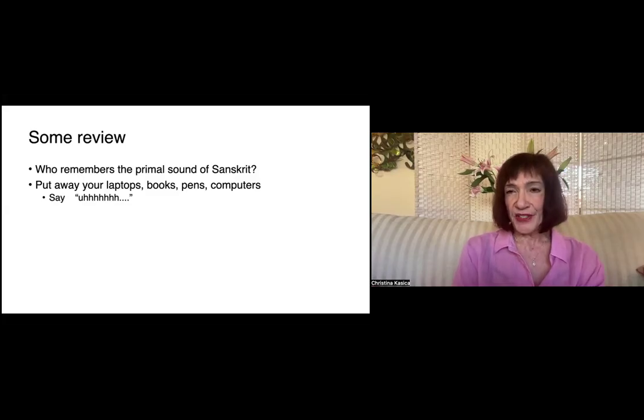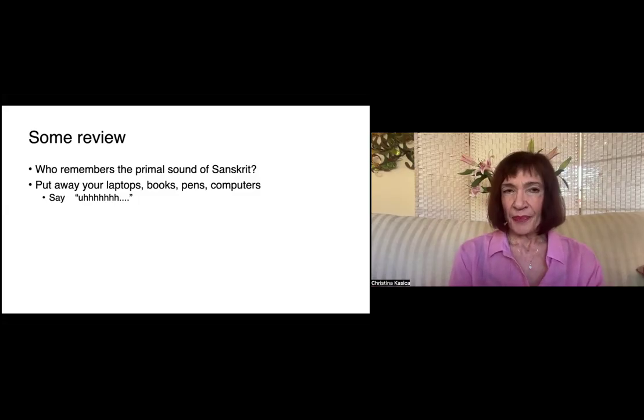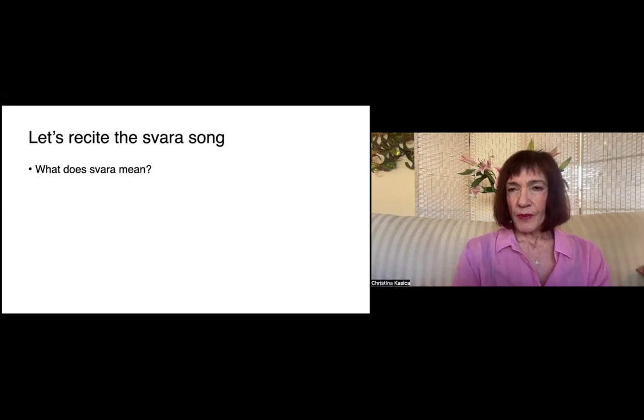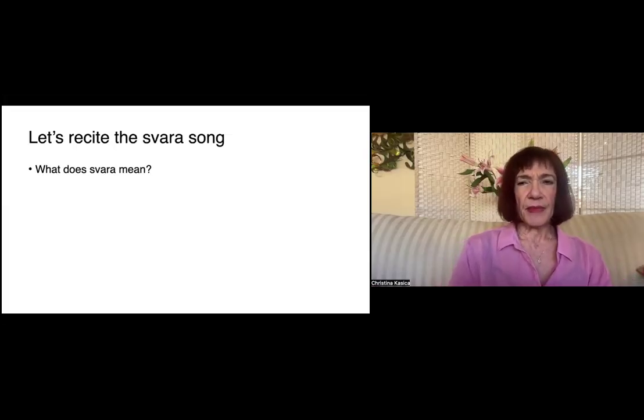All right, you know what's next. We're going to recite the Svara song. What does Svara mean again? Next slide, please. We just reviewed a little bit what Svara means, but it was a long time ago. Svara means vowel.